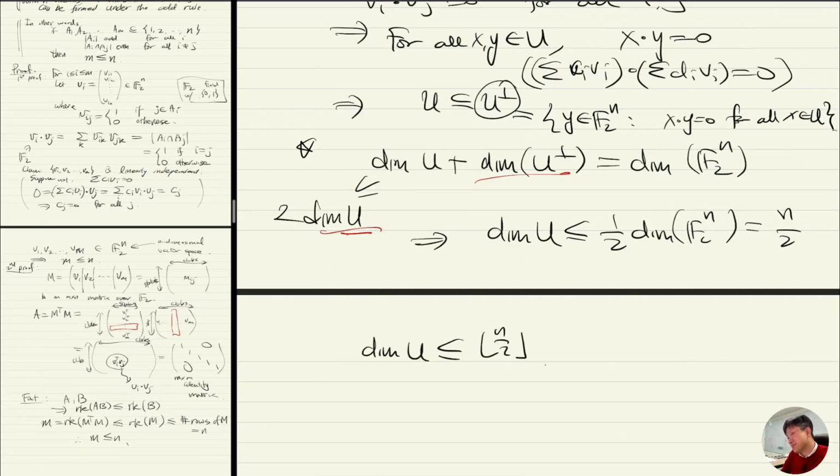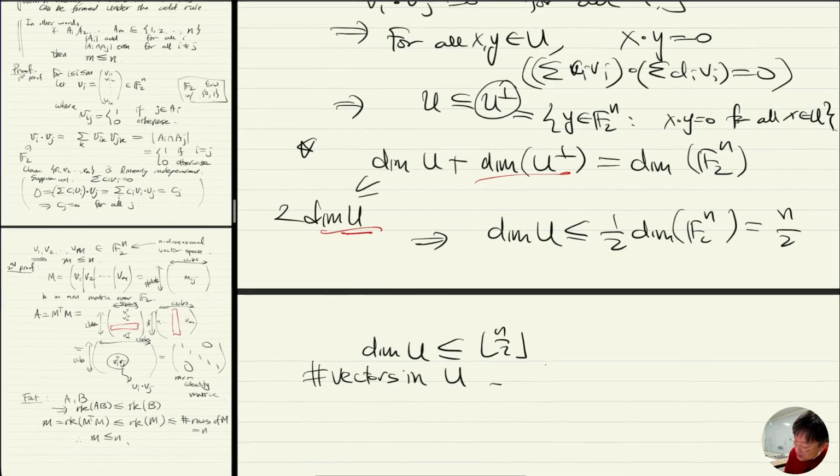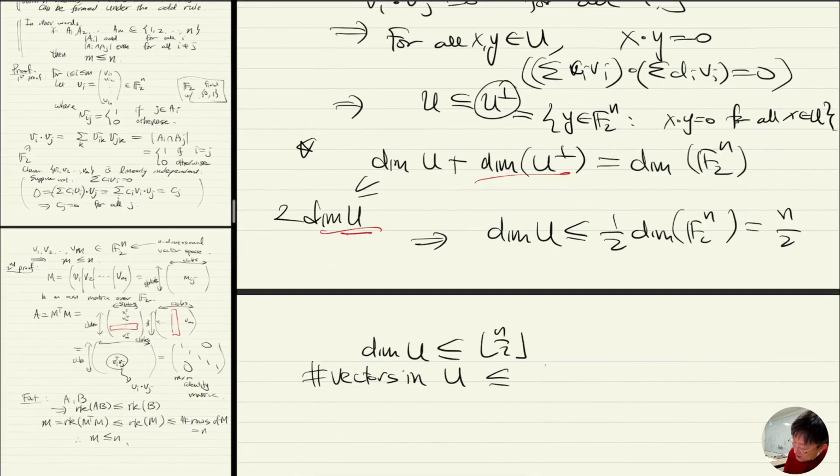Now you have a subspace of an n-dimensional vector space with dimension at most floor of n over 2. So the number of vectors in U is at most 2 to the n over 2, because any vector is a linear combination of these n over 2 vectors, and the coefficients are 0 or 1 because it's a binary field.